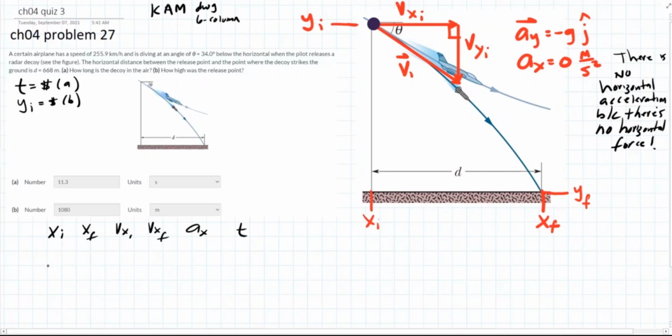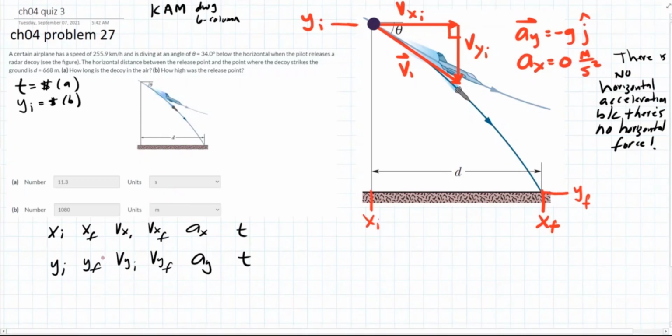It's moving vertically and horizontally, in the X dimension and Y dimension. Y initial, Y final, Vy initial, Vy final, A sub Y, and T. So now let's just fill in the table. To me, this is downright fun. It's actually a little bit addictive.